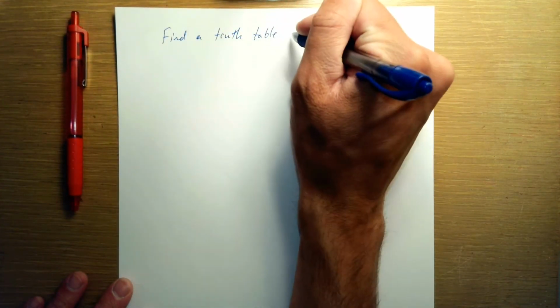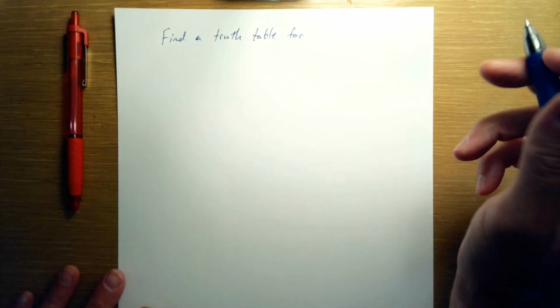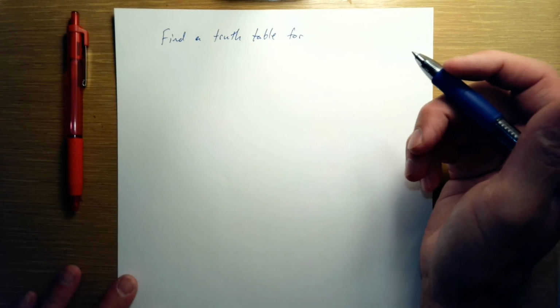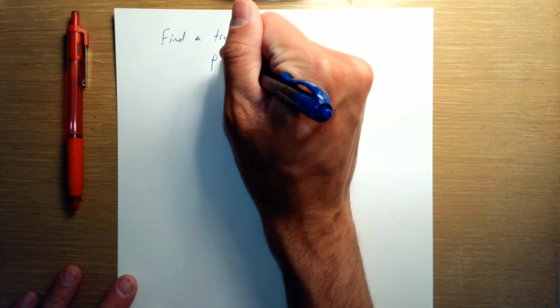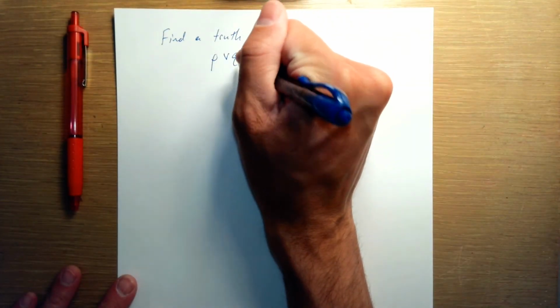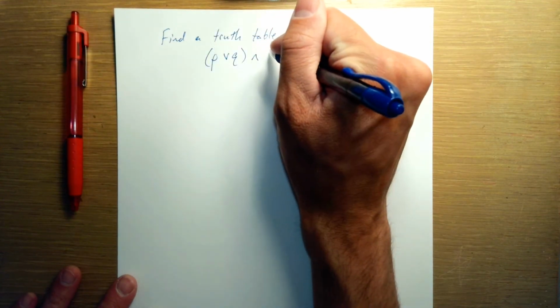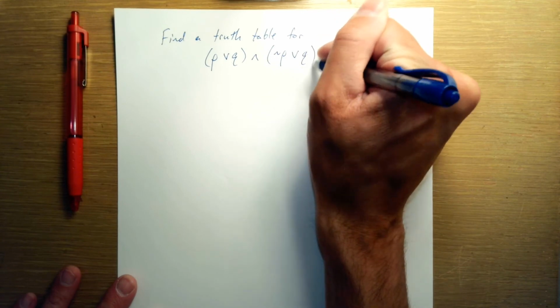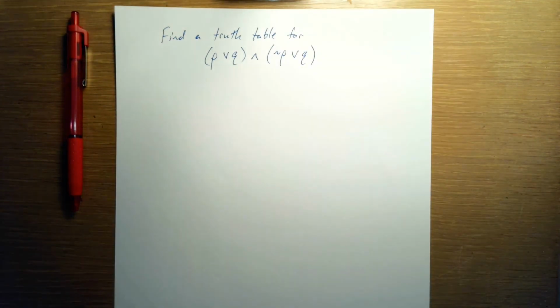And let's say we want to find a truth table for the following logical statement, which is built out of two statements P and Q. It's the statement P or Q and not P or Q. So that's one statement. It's just a compound statement that's built of a lot of other ones.